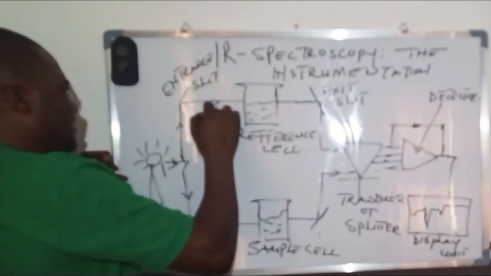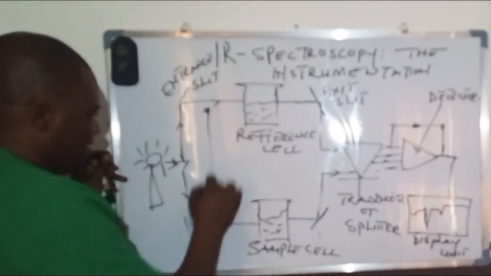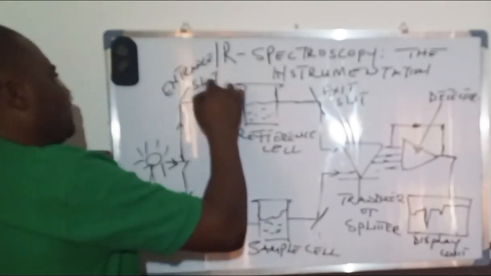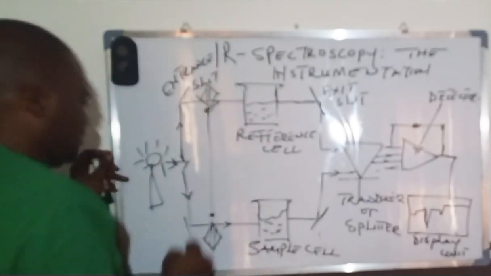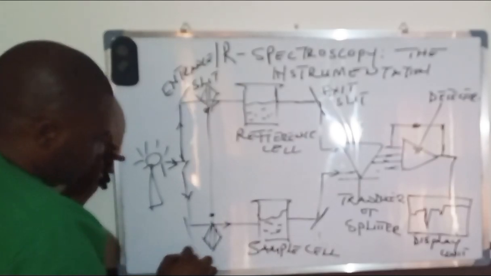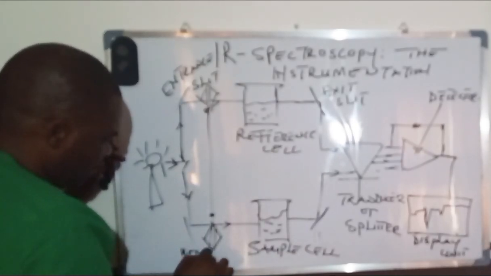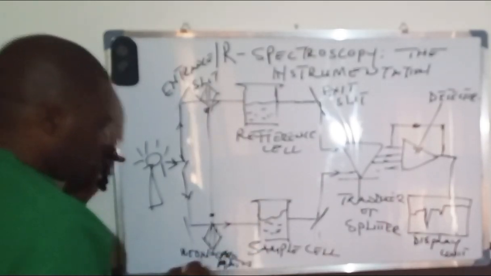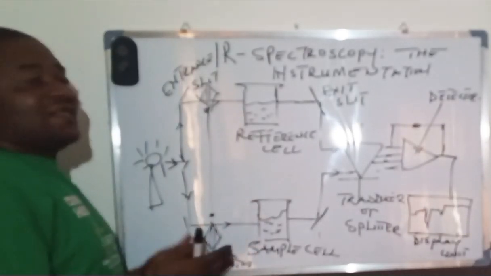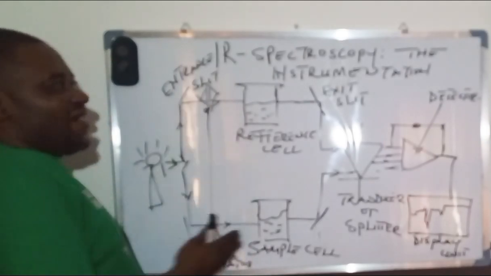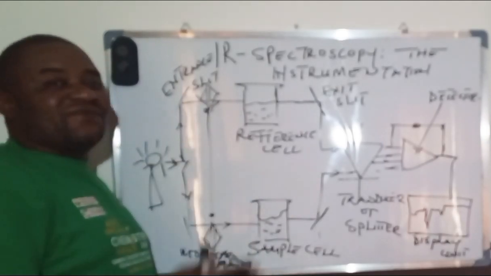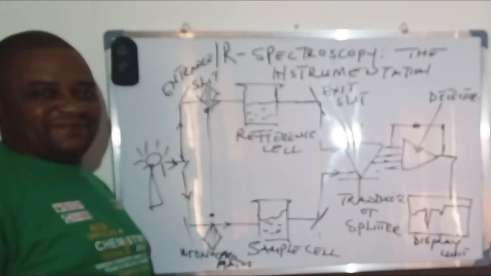Now at this point here we have something, which happens to be your monochromator. This is a typical diagram that explains the instrumentation of the infrared spectroscopy.